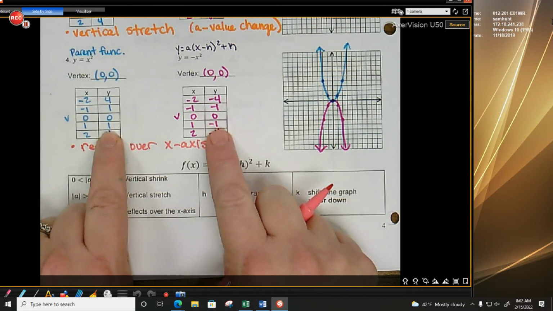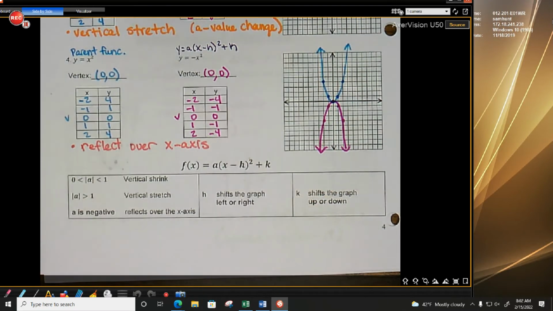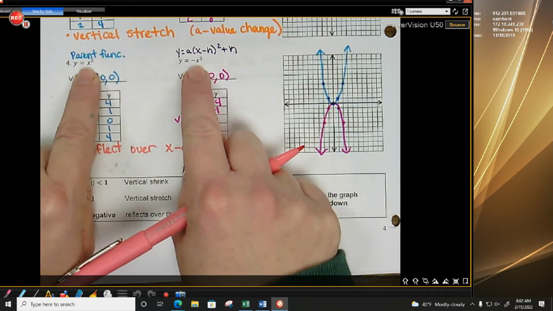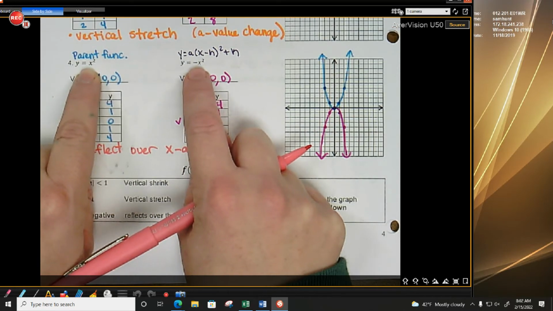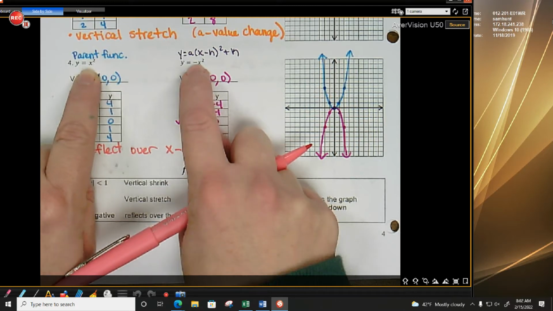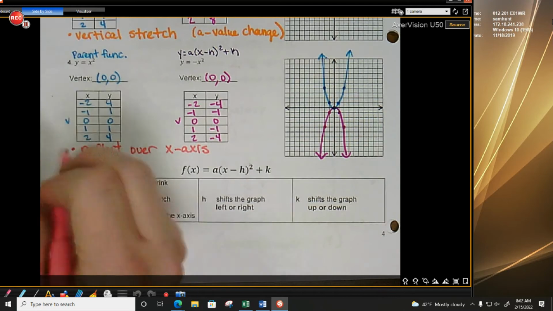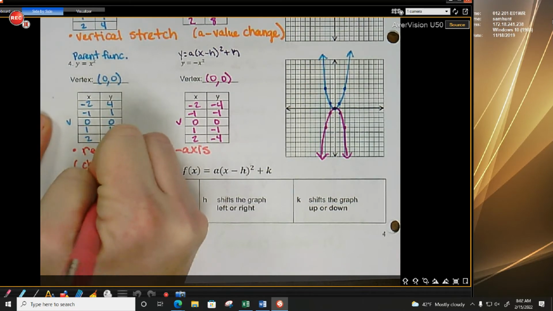Let's compare the equations. What's the only thing that changed between the equations? The negative sign. That's a what value? Your a, your h, or your k? The a. So this is the change of the a value sign.